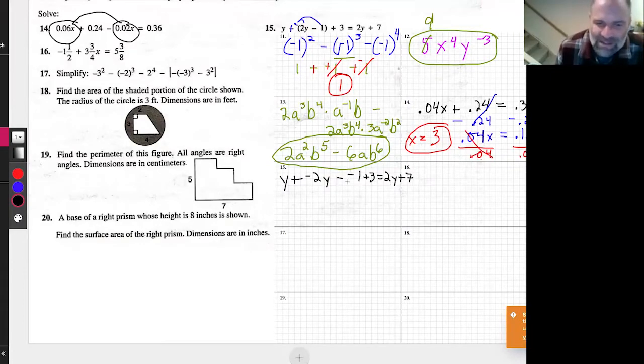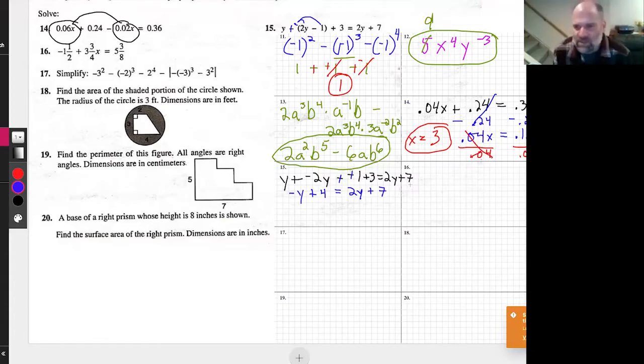Okay? So now I'm going to just clean this up a little bit. After you get rid of parentheses, you can combine like terms. Well, the y's can be combined to a negative y, right? And then the constants, 1 plus 3 is 4. And on the other side, we're already cleaned up, no parentheses, no like terms, so we can leave it like that.